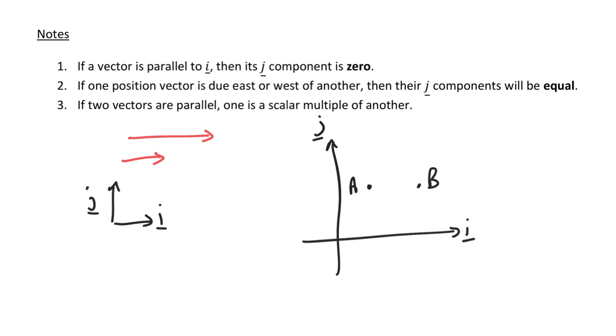So parallel would mean that they have the same gradient, the same slope. So whatever this vector would be, if we have a parallel one, it must be the same gradient, which means that in ij notation, they would be the same multiple of one another. And in AS2, we would have said that a equals lambda b, where a and b are the two parallel vectors and lambda is some scalar.